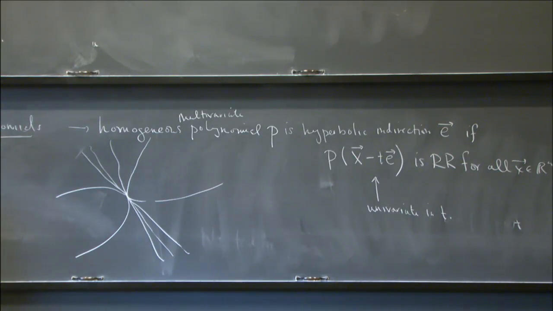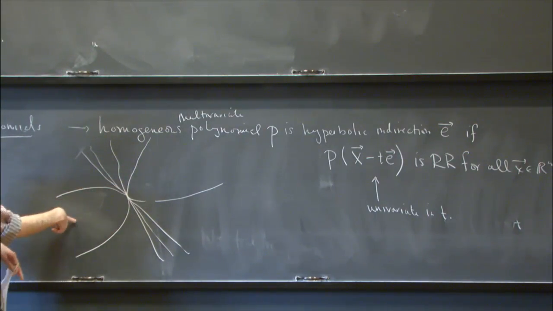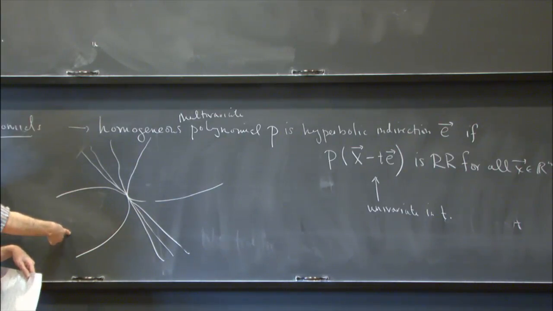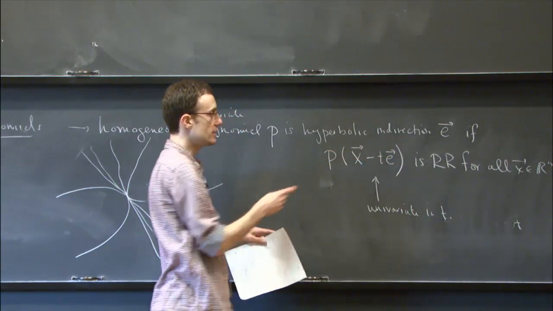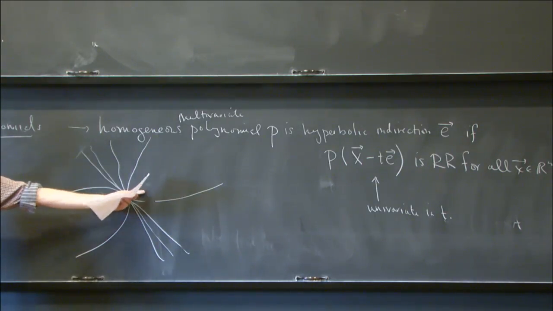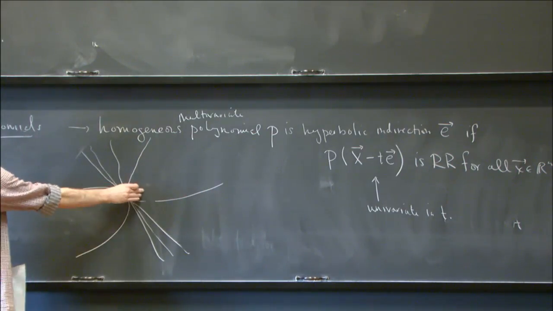And what does it mean? Every hyperbolic polynomial is hyperbolic in many different directions. Essentially the hyperbolic direction is just telling you which lobe you're in. For a while I thought that maybe it meant something, but it really is just telling you which lobe you're talking about.